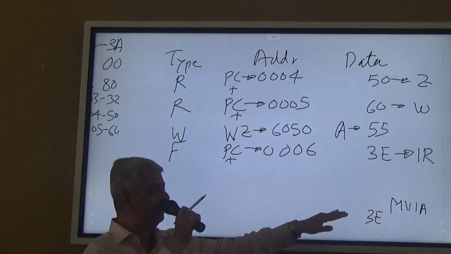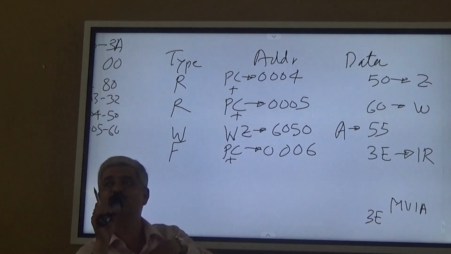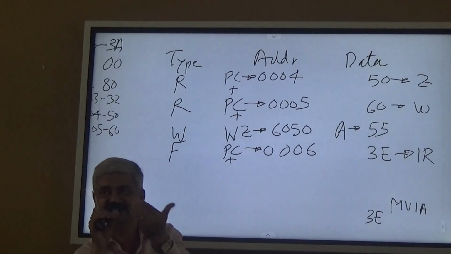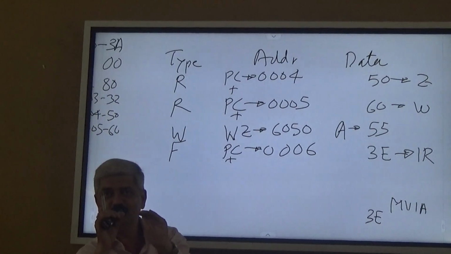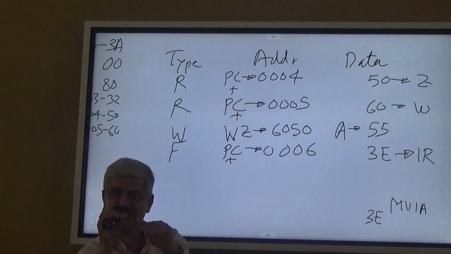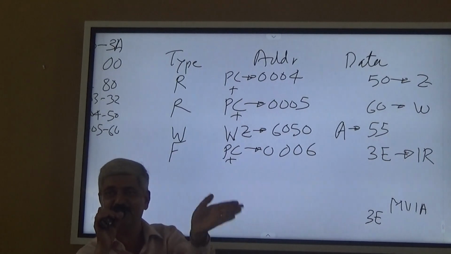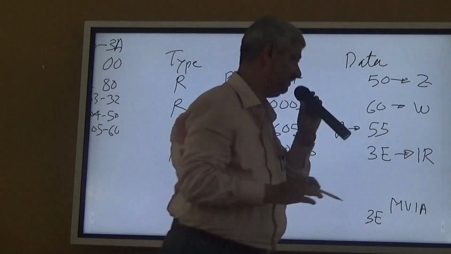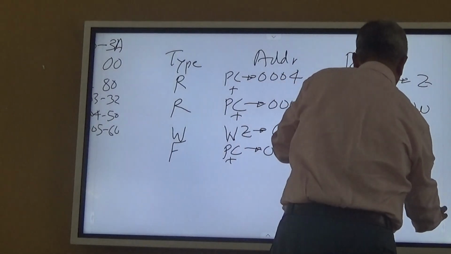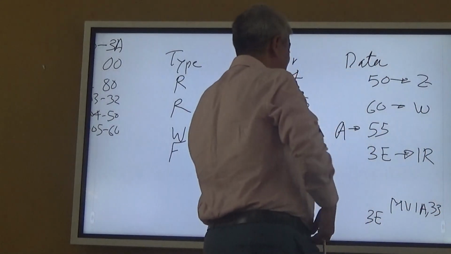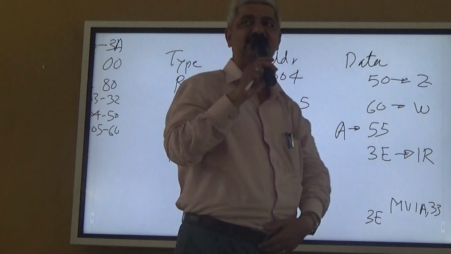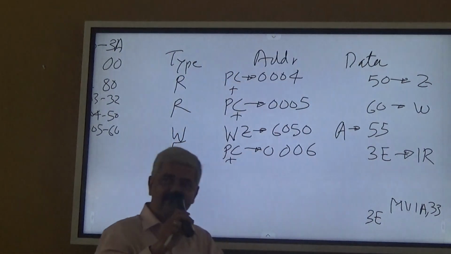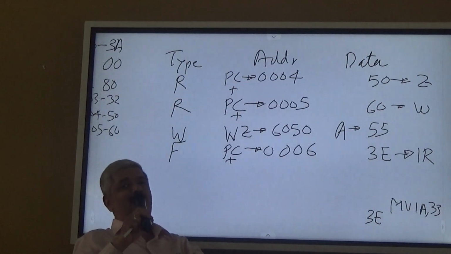Now here I want to initialize with some value of my own, so it is immediate addressing mode. So move to accumulator something which is part of the instruction. So MVI A 33. So 3E is the opcode of the instruction MVI A, means move immediately to accumulator.